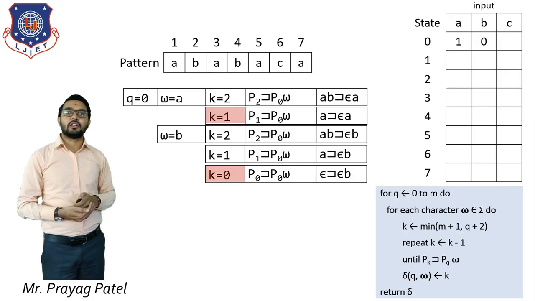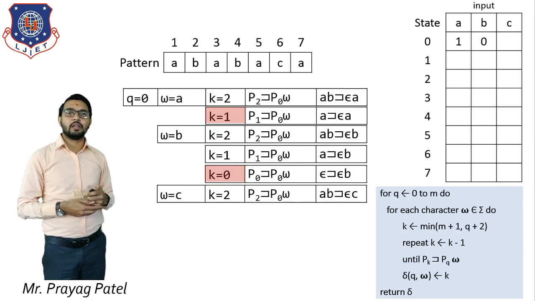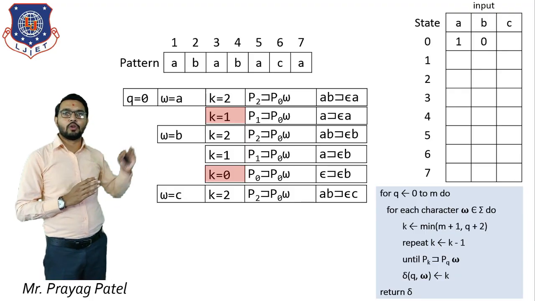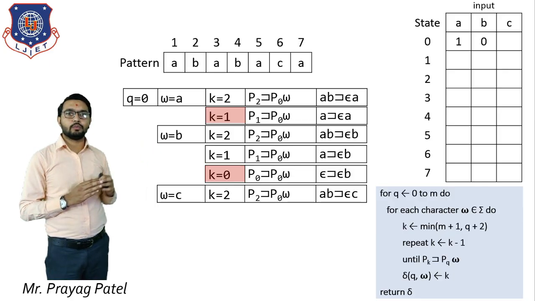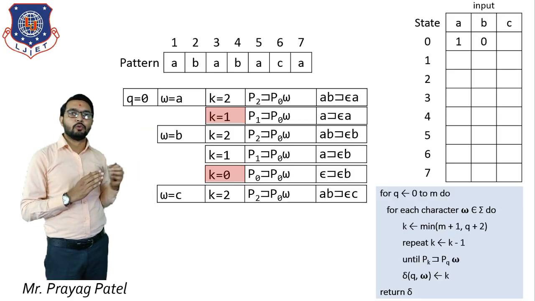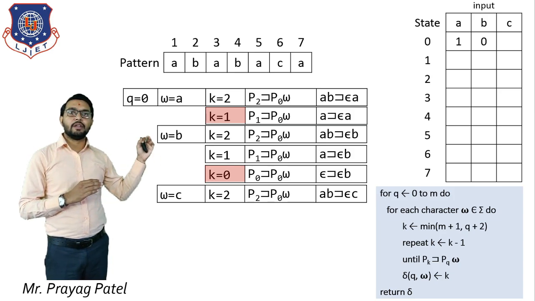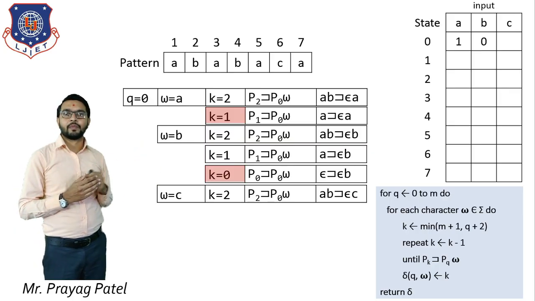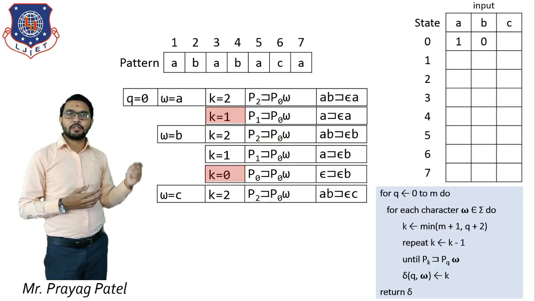Now consider the third, W equal to C, meaning C output of node number 0, for Q0. So consider the value K equal to 2. P2 is a suffix of P0W. So P2 means AB is a suffix of null into C, because P0 equals null and W equals C. Now, AB is a suffix of C?